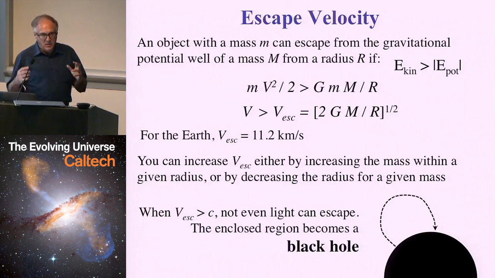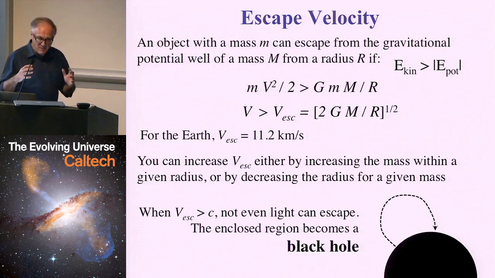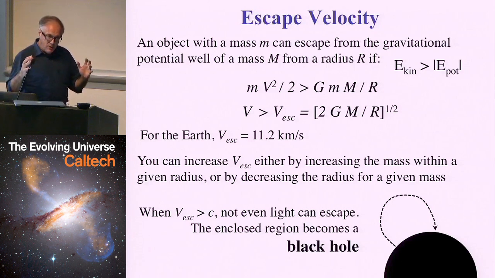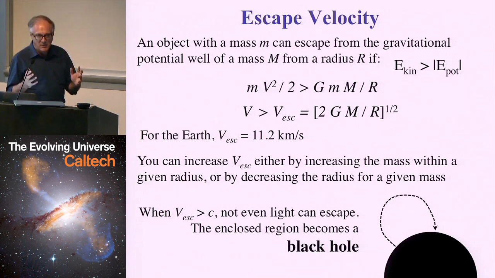So now if you have a big massive star and you don't get rid of most of the mass from the collapsing core, now shrink the core sufficiently, there is a point at which this escape speed reaches the speed of light. And from that point onward, nothing can escape the collapsing core. So that region of the space is called a black hole.